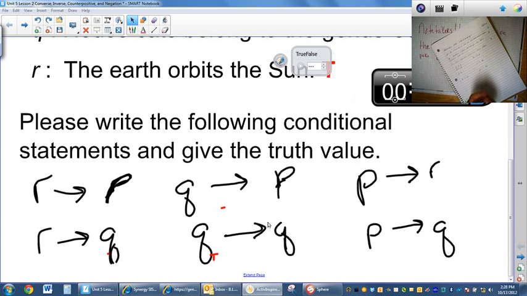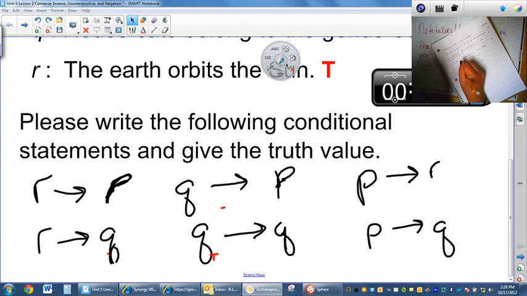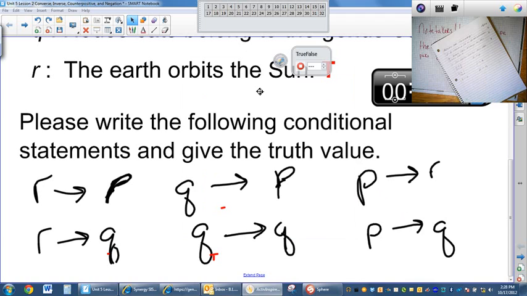How about if Q, then Q? If Q, then Q. Tell me what that is. The answers that you guys have given so far, this one was true, this one was true, this one was true.